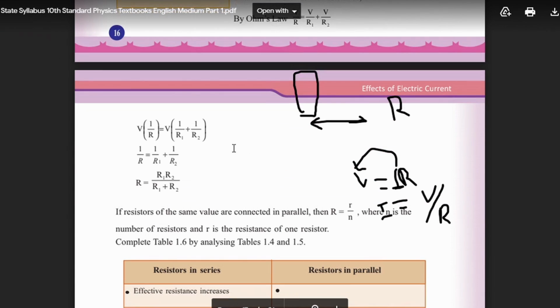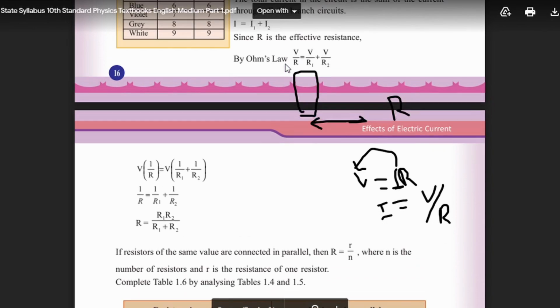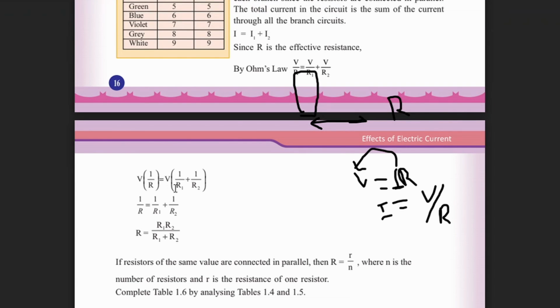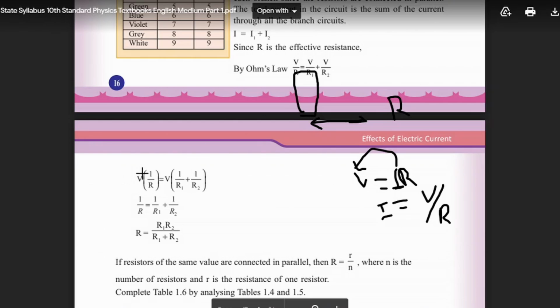So after that, what is the common value? V is a common value. So V into 1 divided by R equal to V into 1 divided by R1 plus 1 divided by R2. The common value V, just cancel it. So 1 by R equal to 1 divided by R1 plus 1 divided by R2.